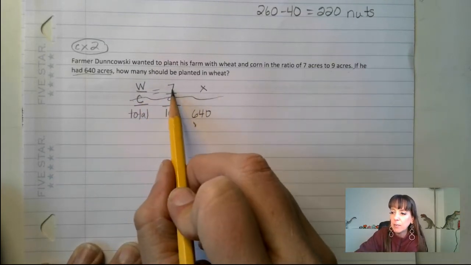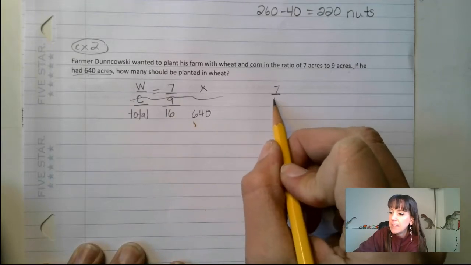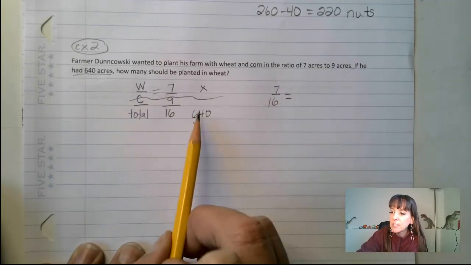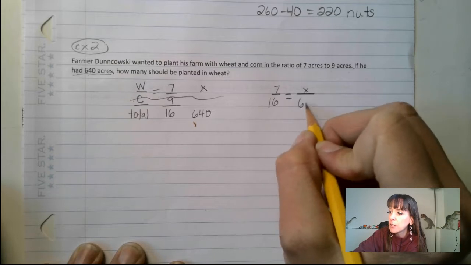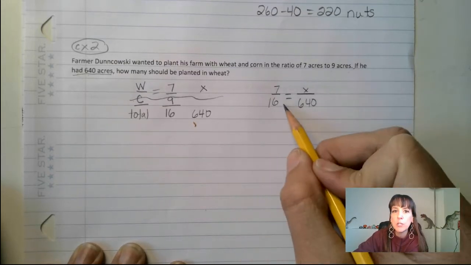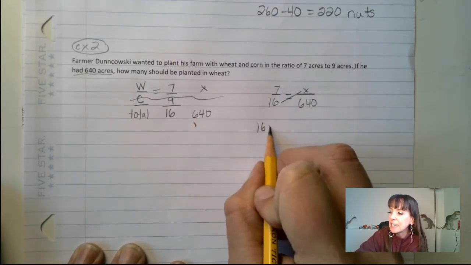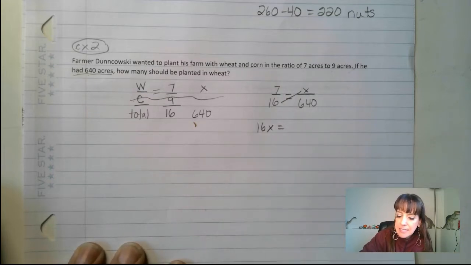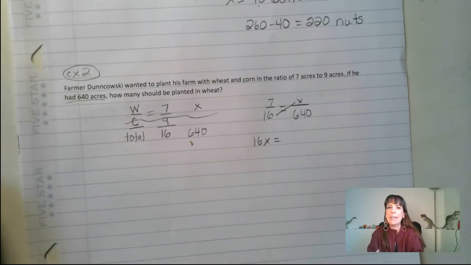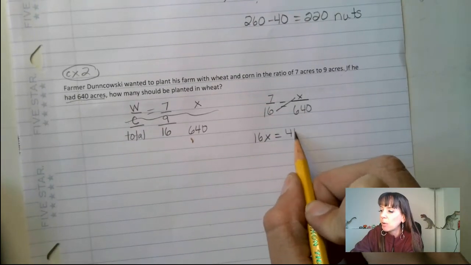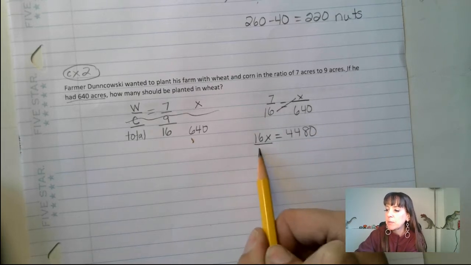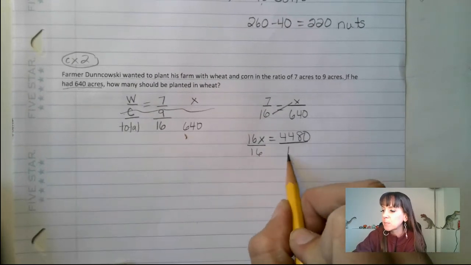What we do have now, though, is 7/16 equals x over 640. So we are going to cross multiply. 16x equals 640 times 7, which gives me 4,480. Divide both sides by 16 so we can get that x by itself.